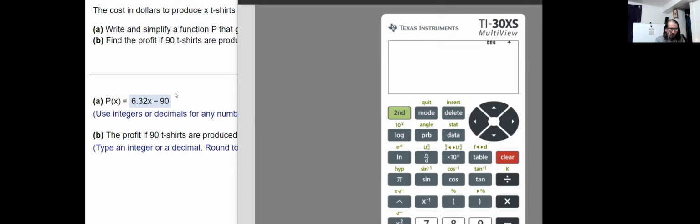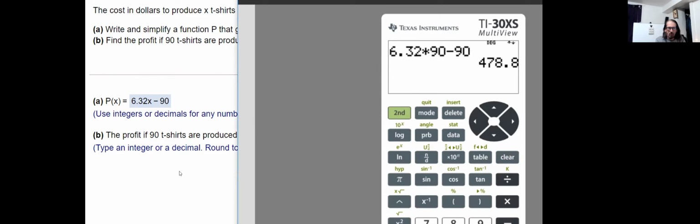I'd be taking 6.32 times 90 and then subtracting this 90. That's a different 90 that came from the cost function. And we're coming up with 478.8.